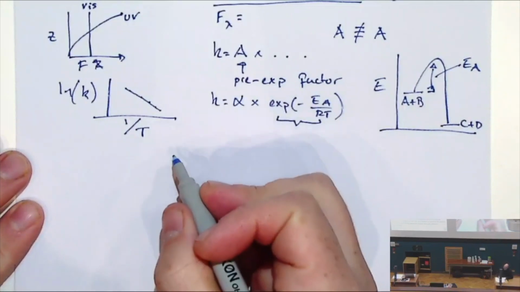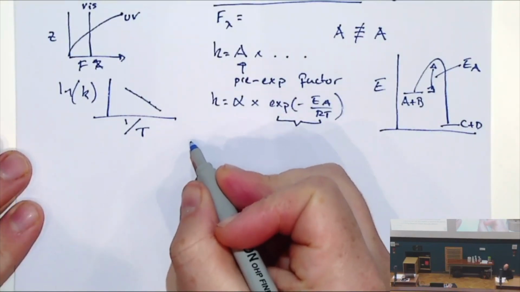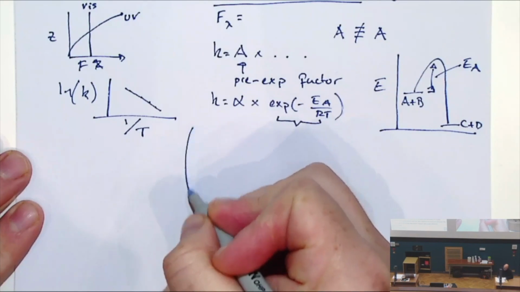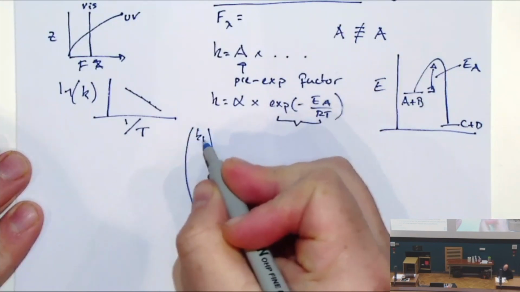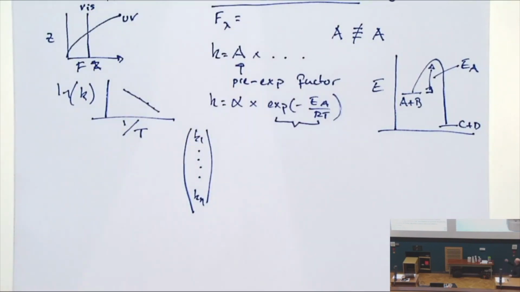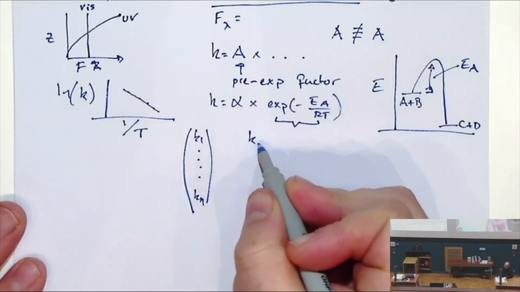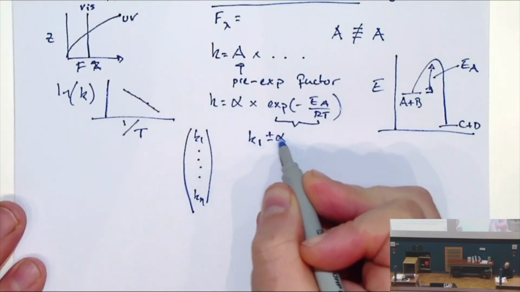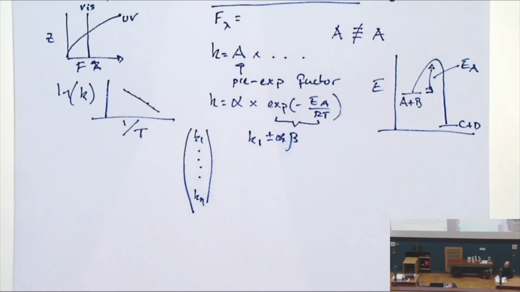So basically, you could think about a vector of rate constants, where each k is for each of the reactions. And in UKCA, we just have one set of values for each rate constant. But actually, k1 has some uncertainty with it.